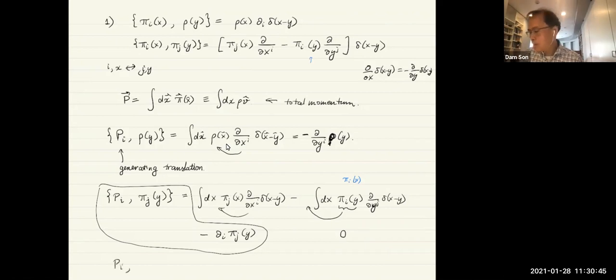So it can be generalized. Anything that one can construct from rho and pi satisfies this equality. In the Poisson algebra of hydrodynamics, the momentum density plays the role of the translation operator.